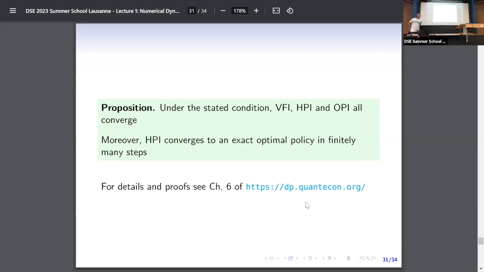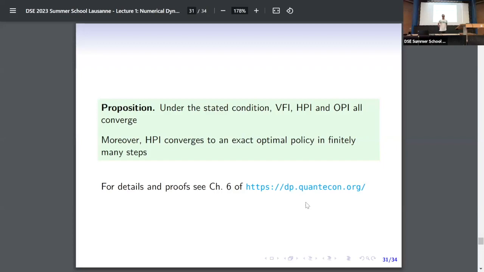The proofs that VFI, HPI, and OPI all converge, don't you get that once you know that the Bellman operator is a contraction? You're using this model that deviates from Blackwell's conditions, but you showed us that you proved the existence and uniqueness.